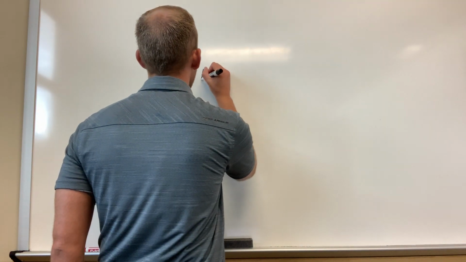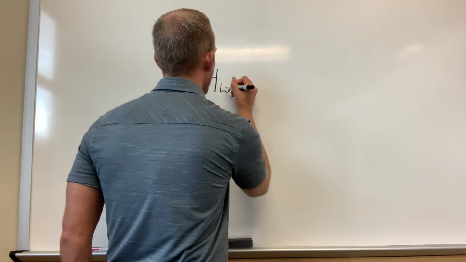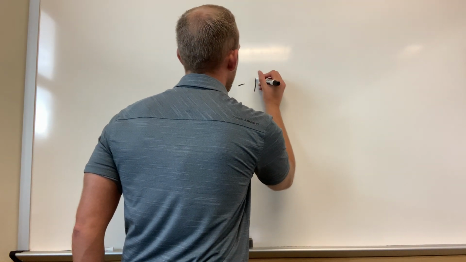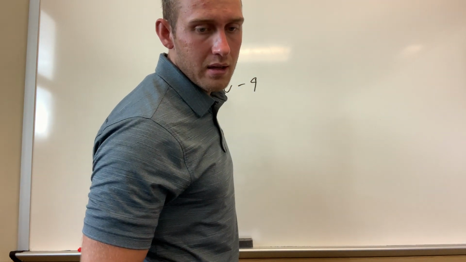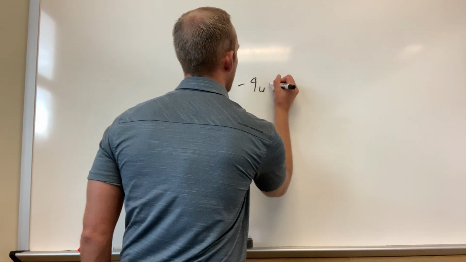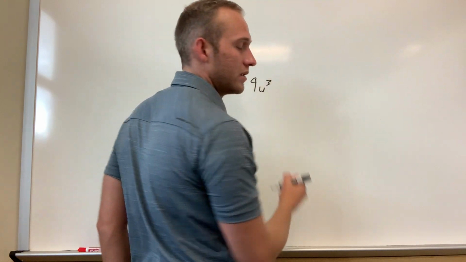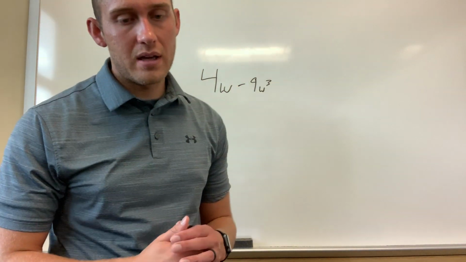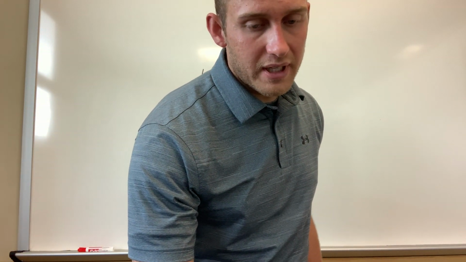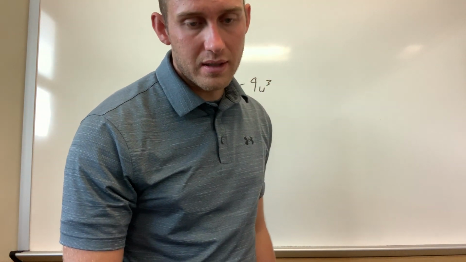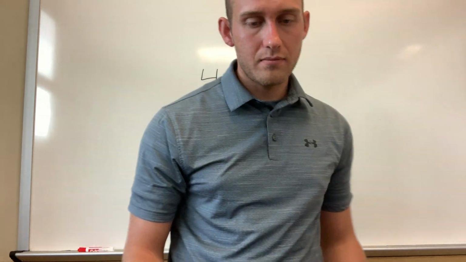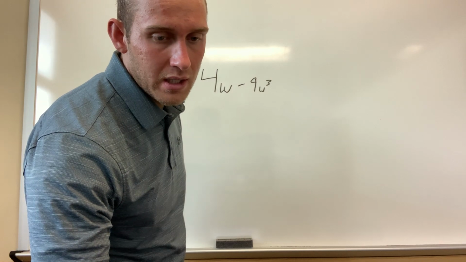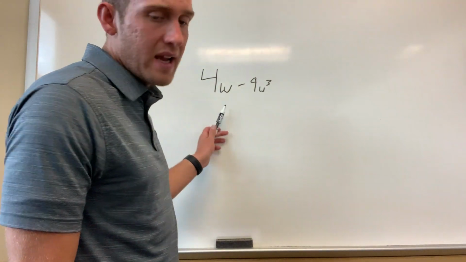It is for W minus 9W cubed. All right, so basically we need to find the greatest common factor. So basically, what is in all of this that can be taken out?